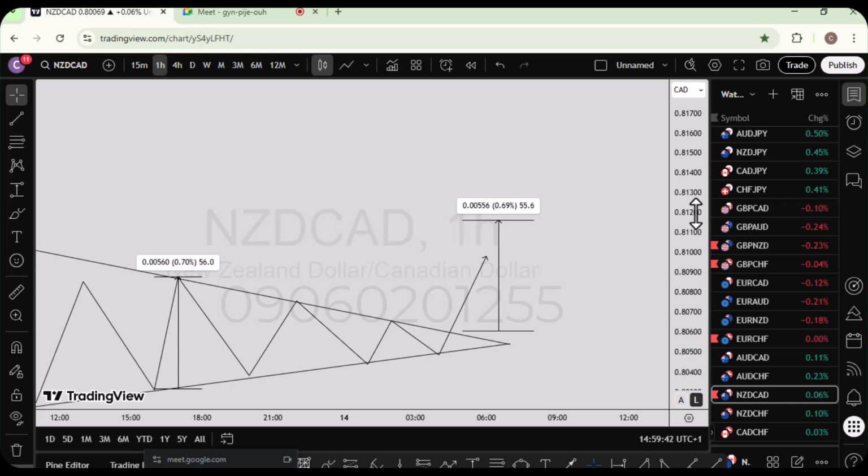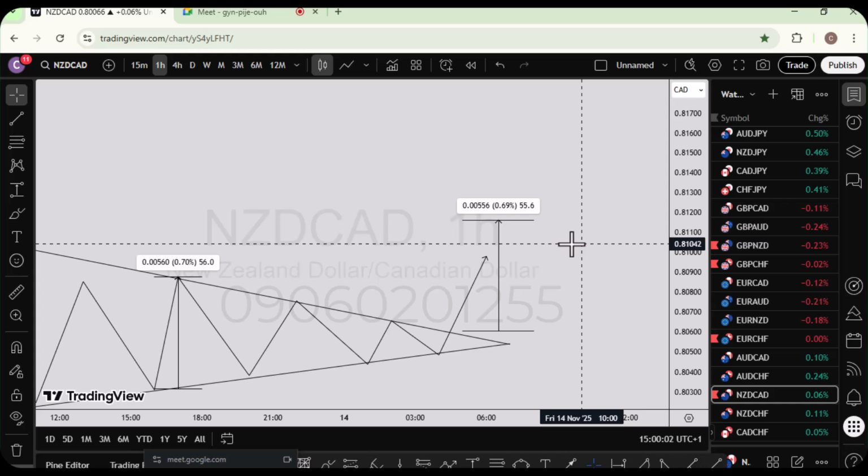If you have only 4 numbers after your decimal, all the numbers are starting from pip. So if you have 5 digits after your decimal, the last digit on this price scale is a pipette. That's why you see 56.6. The last number after the decimal is your pipette. If you have 10 pipettes, that is 1 pip.